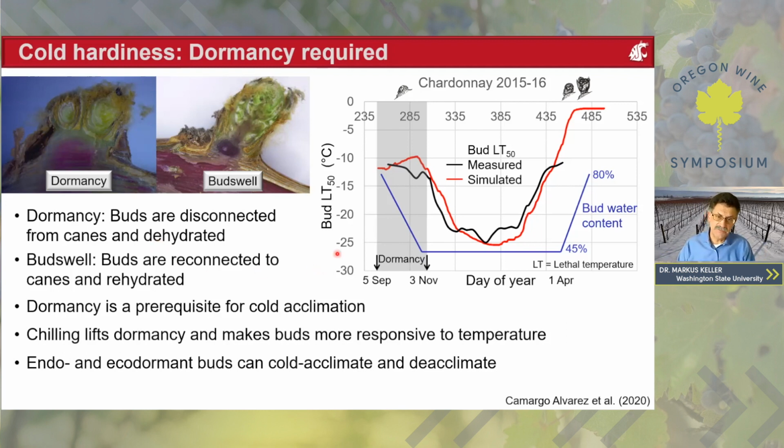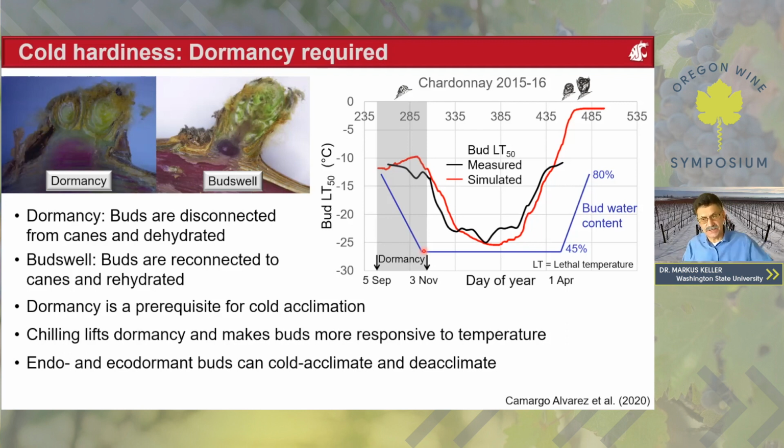During dormancy, you can see the dormancy period here is this gray bar. The bud water content drops during dormancy from about 80% water down to about 45% water. So 80% to 45% water content during dormancy, the bud dehydrates.